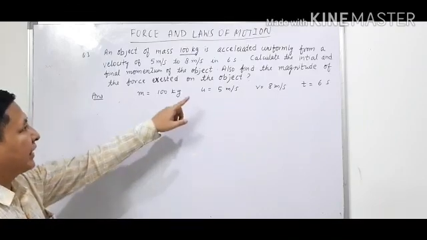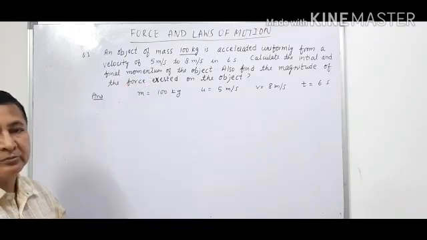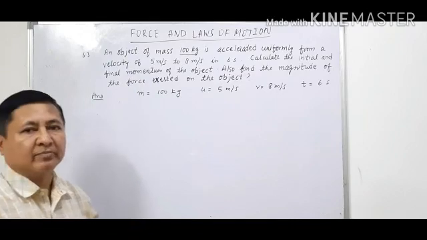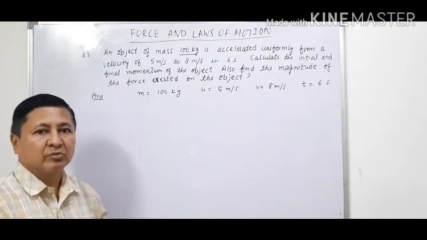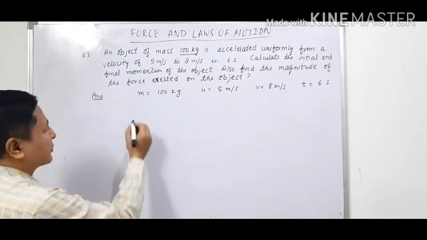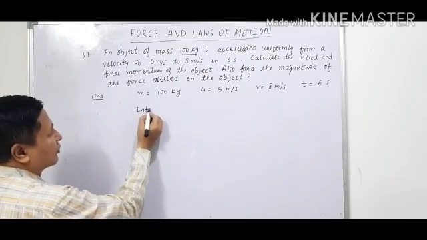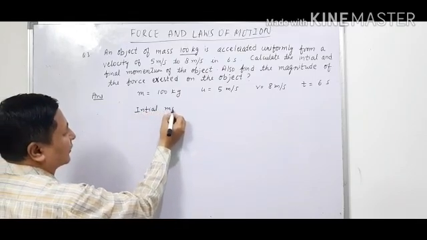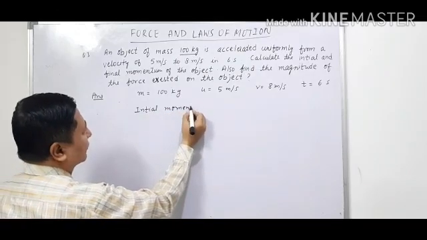We have to calculate the initial and final momentum. As we know, the momentum is the product of mass and velocity. So initial momentum will be mass into initial velocity. So first we'll find the initial momentum of the object.